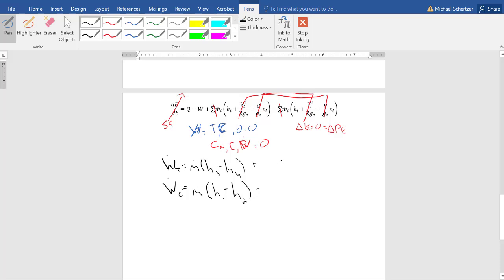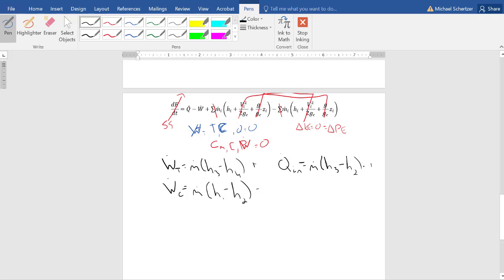Now, if I'm trying to find the heat transfer, Q dot in happens between state 2 and state 3. If I use the first law to get Q dot, this is going to be m dot times h out minus h in, so h3 minus h2.